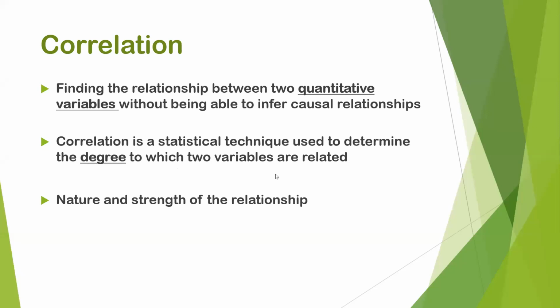If I talk in simple terms, say about 2 persons, not variables, and I observe that they are connected with each other, I want to find out whether they are friends, relatives, or enemies, right? So nature means positive or negative, and strength means the degree to which they are strongly correlated or have a very weak relationship.